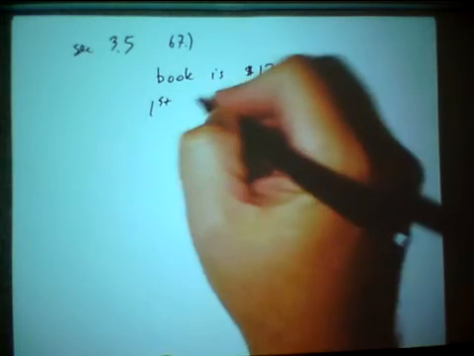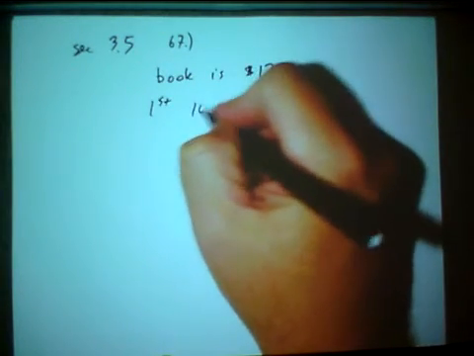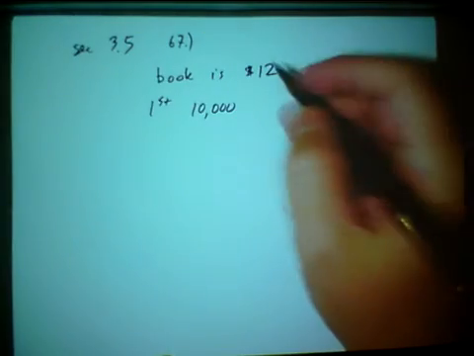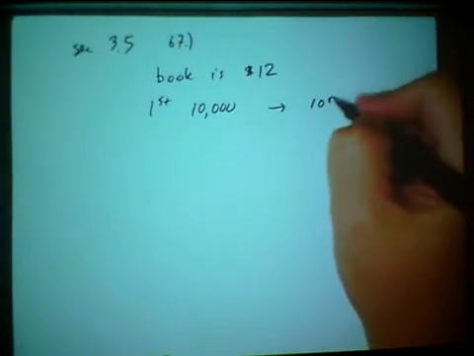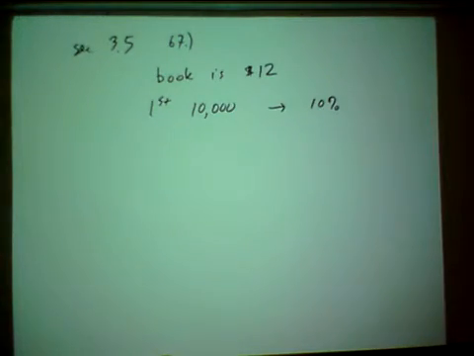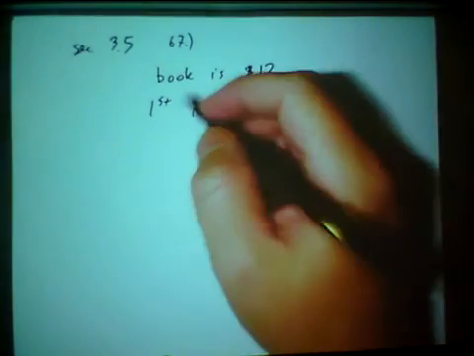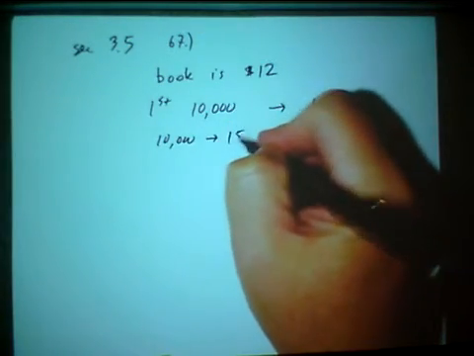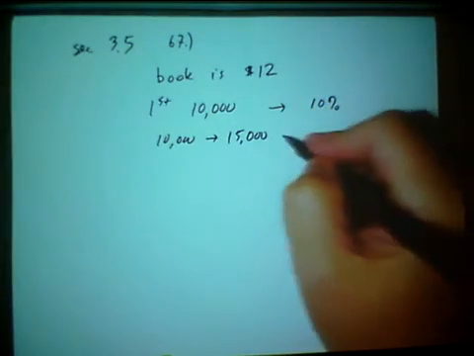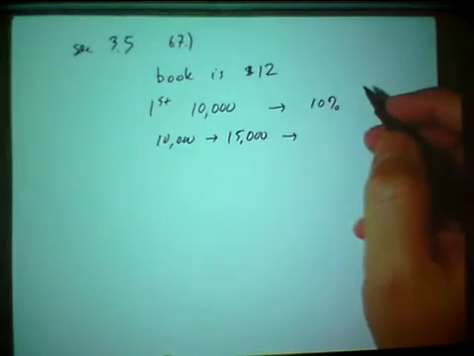for the first 10,000 books sold, his cut is 10%. And then from 10,000 to 15,000, so the next 5,000 that's sold, he gets a bigger cut.